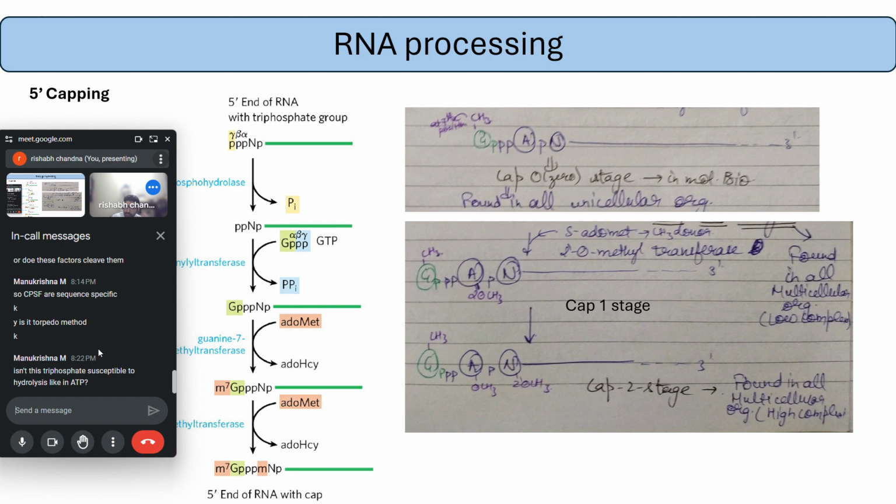When the first nucleotide is added to the RNA, it remains in the triphosphate form. It will not be hydrolyzed for energy consumption at all. I'm talking about the first nucleotide. The other nucleotides recruited in RNA polymerization have two functions: first, the base is added to the RNA chain, and the other is energy consumption from that triphosphate.